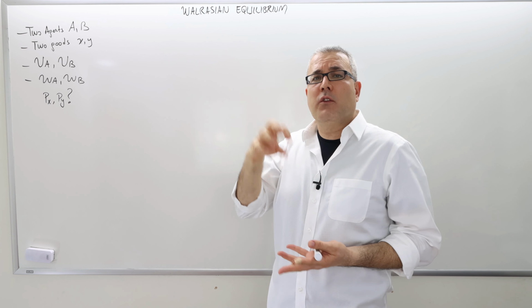Well, it's simple. Remember, we are trying to find XA, YA, so how many goods X and good Y agent A will consume, and XB, YB, how many good X and good Y agent B consumes. So the agent A's budget constraint is going to be, well, the expenditure PX times XA plus PY times YA. So if she wants to consume this many apples and this many bananas, well, this is how much she has to pay.